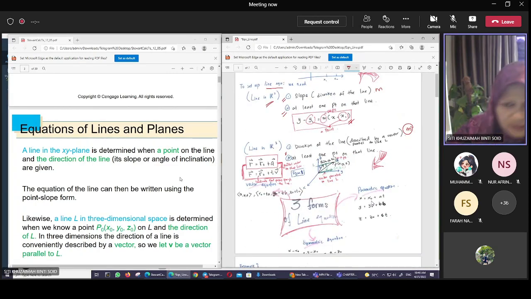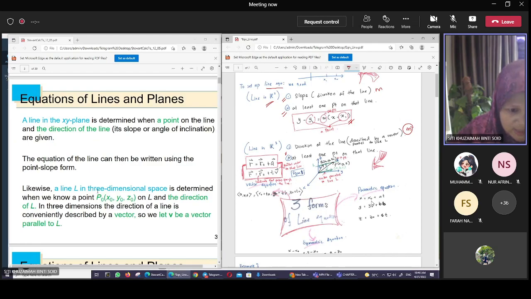Okay, let's read this page here. This is a summary of what I explained here. For the line, we must have a point and the direction, the slope.